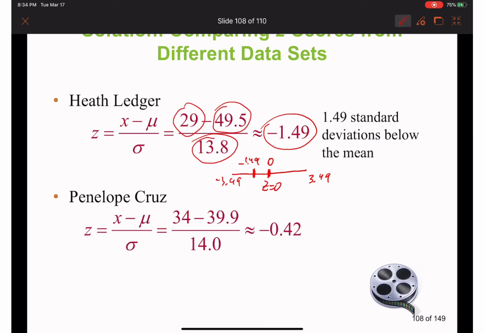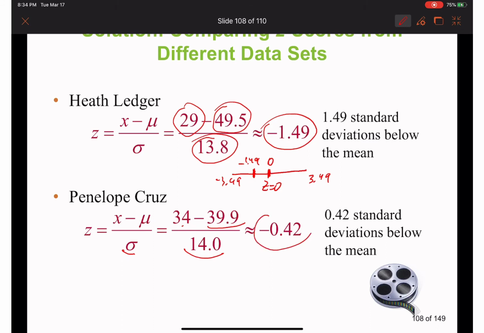Now let's see Penelope Cruz. X minus mu, so 34 was her age, minus 39.9, the average age for actress winners of the Oscar, over sigma, the standard deviation, which was 14. So we got negative 0.42. What does that mean? Negative 0.42 is closer to 0 than negative 1.49.